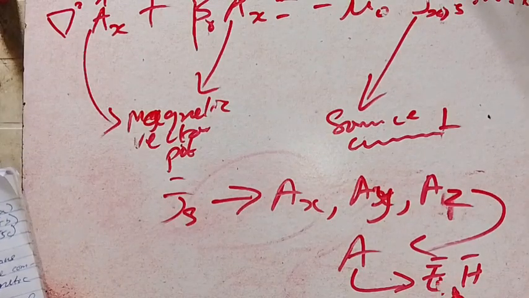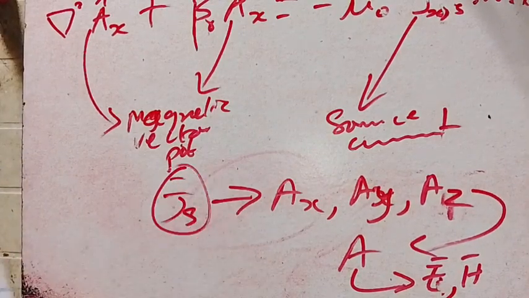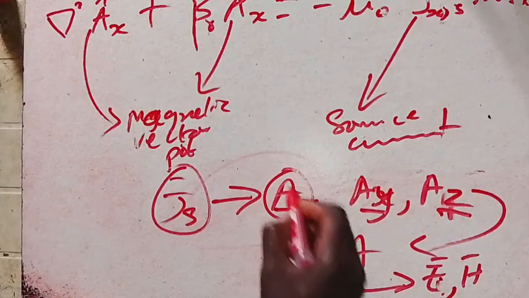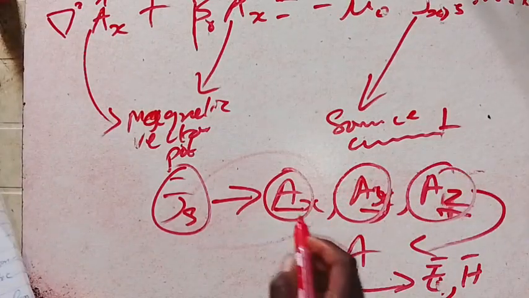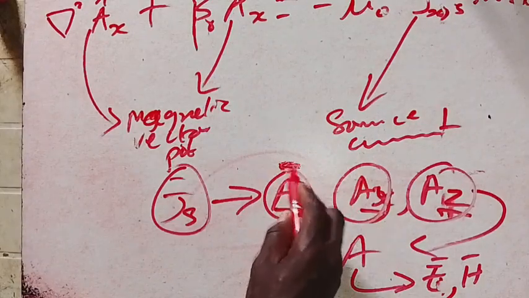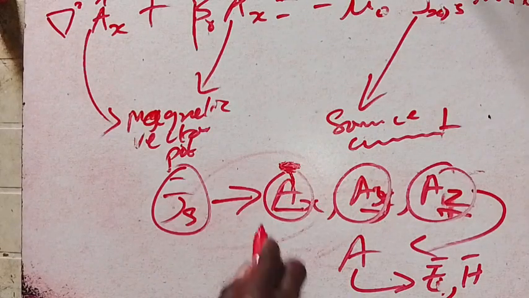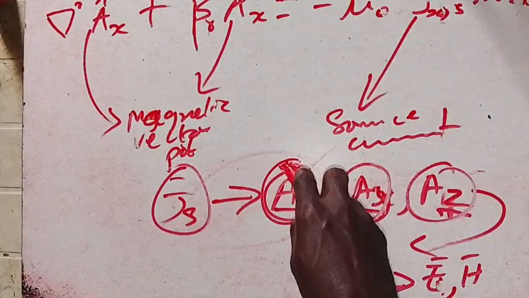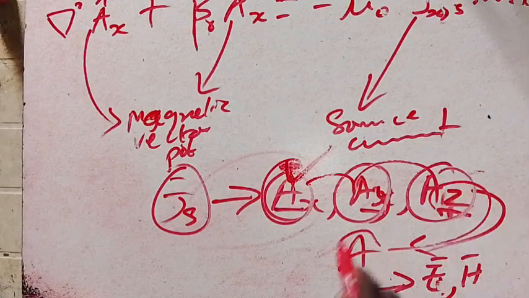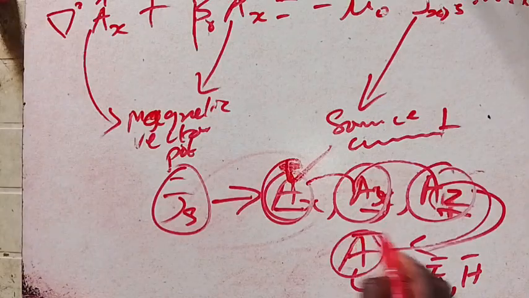Clear? So if we know this, we'll now address this and this. But instead of addressing all of them, let's address only one. Once you address one, your final answer from addressing one, just apply it to the rest. And then we can now face this one.